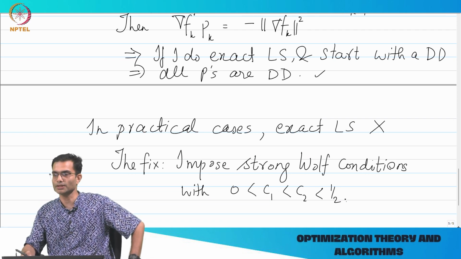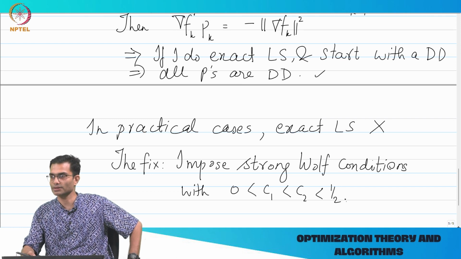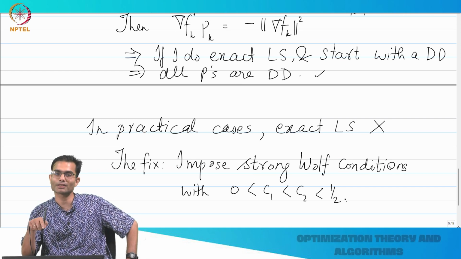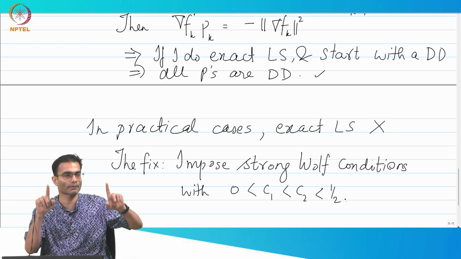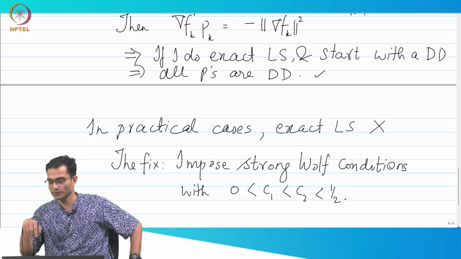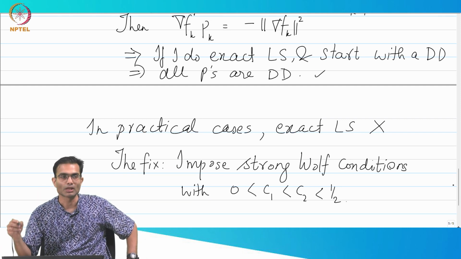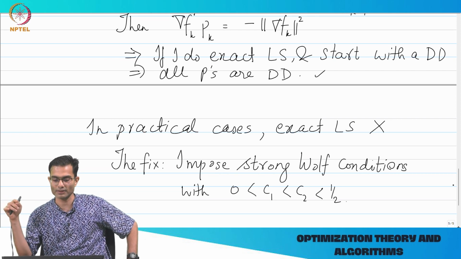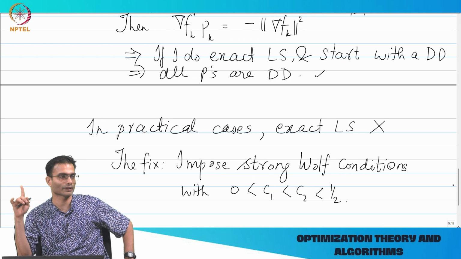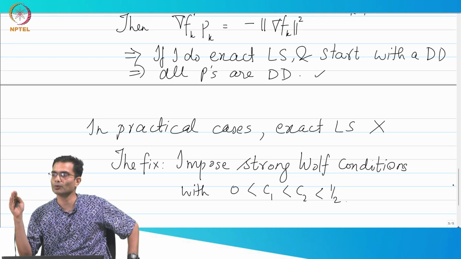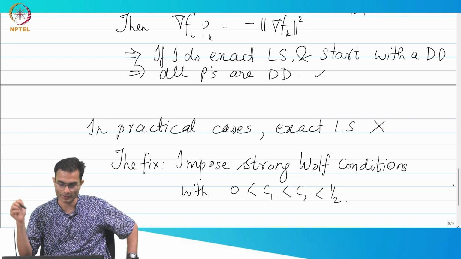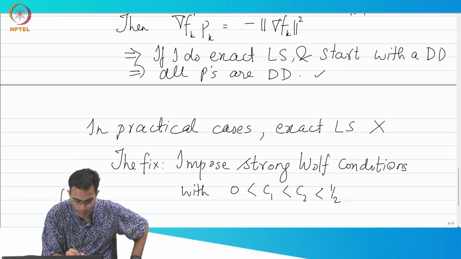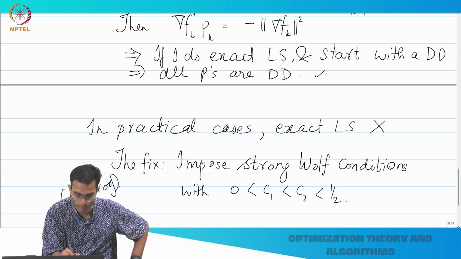Sufficient decrease. C2 came from the curvature condition. And here it's not just the curvature condition, it's the strong Wolfe condition. So remember we put the mod sign, so that was our C2. Earlier, when we first learned the Wolfe conditions, we said C1 less than C2 less than 1. Here it has become a little bit more conservative, it has been made half. So this is stated without proof.